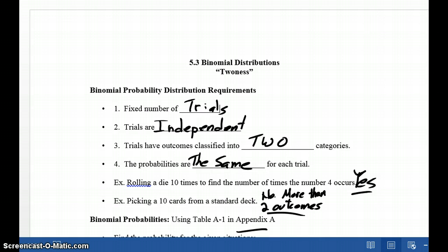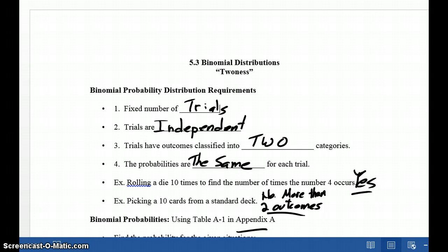For example, rolling a die 10 times to find the number of times the number 4 occurs. Is this a binomial situation? Well, it has a fixed number of trials, 10, so it meets that requirement. The trials are independent, rolling one die and then rolling the next has no impact on the succeeding rolls.